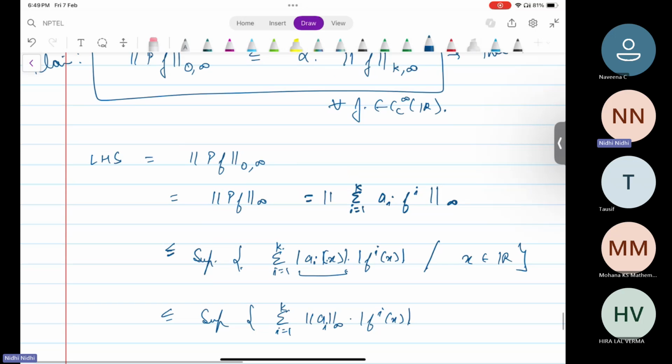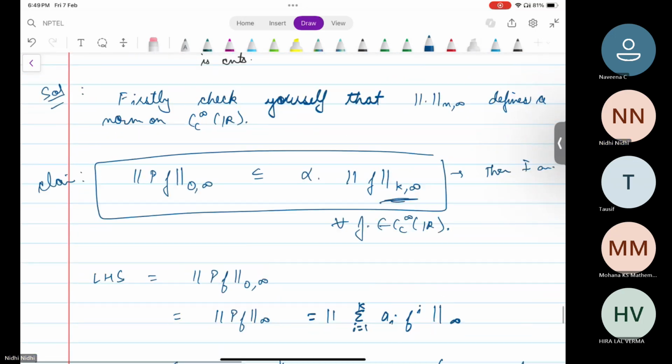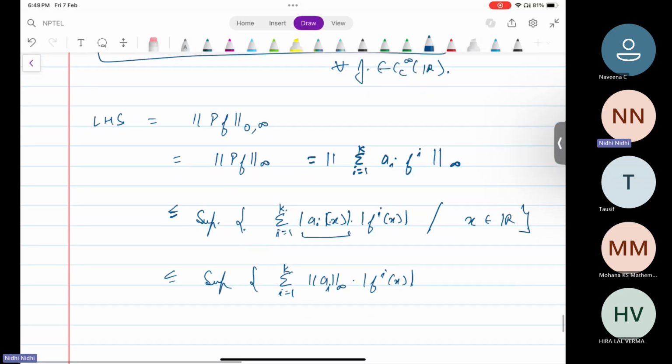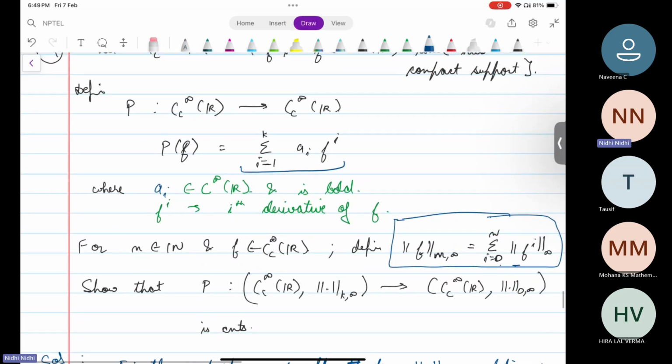On the right hand side, we need the K infinity norm. For that, we need summation i from 0 to k of the supremum norm of the ith derivative of f. So here also, I think this should be from 0.